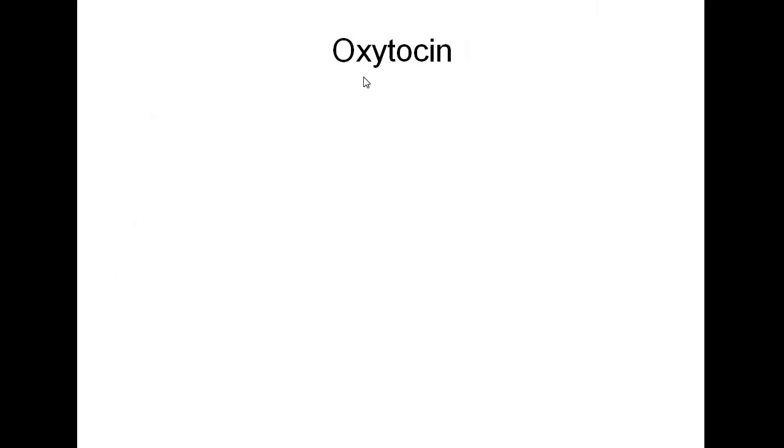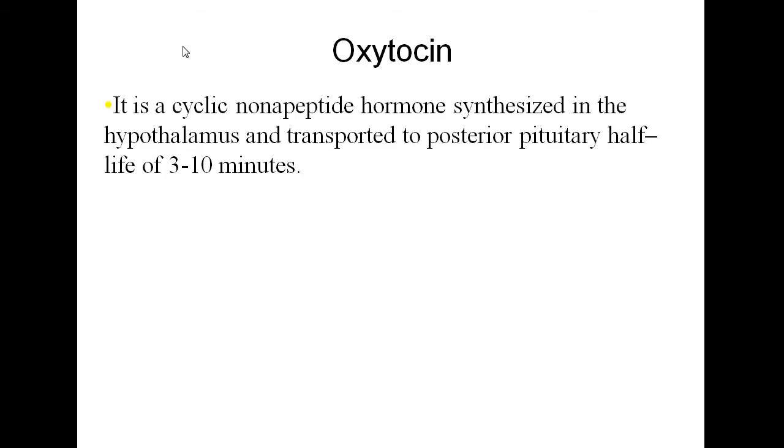Now oxytocin can be a 3 or a 5 mark question in exams. Oxytocin chemically is a cyclic nonapeptide, meaning it has 9 amino acids, synthesized in the hypothalamus and transported to the posterior pituitary from where it is released. It has a plasma half-life of 3 to 10 minutes.